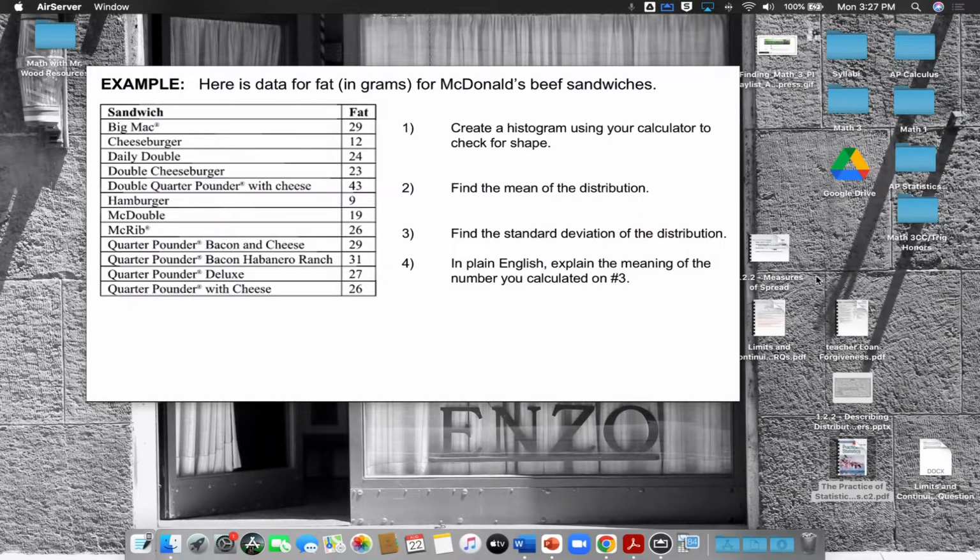So once you put them in, find the mean. Use the calculator to find the mean.